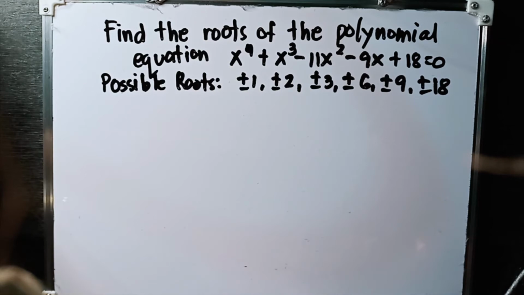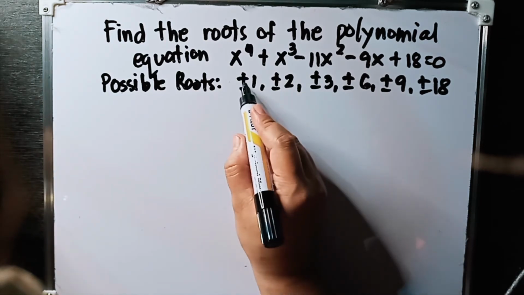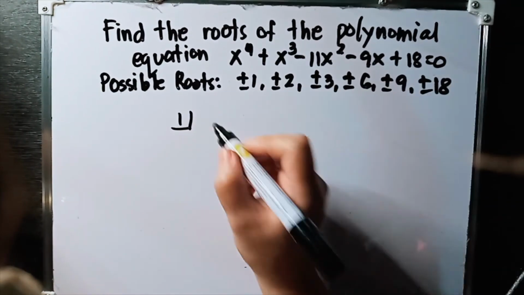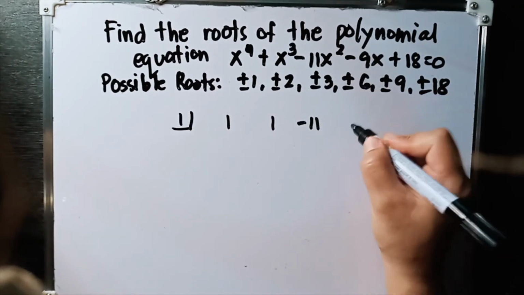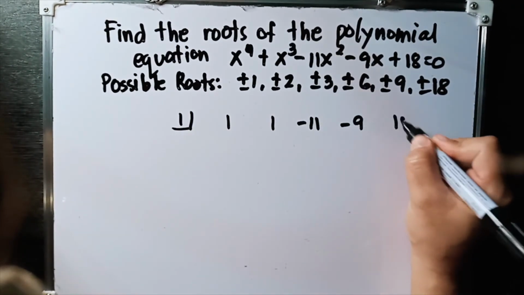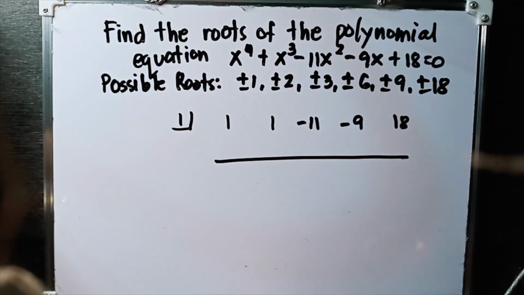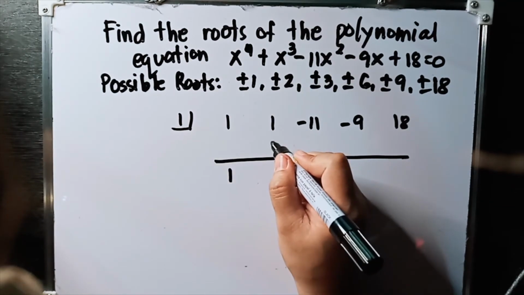Now we can apply the factor theorem. So let's begin with positive 1 to see if it's a root. Then we get the coefficients again. We have 1, 1, negative 11, negative 9, 18. So we have to get a remainder which is 0. So 1 times 1 is 1.